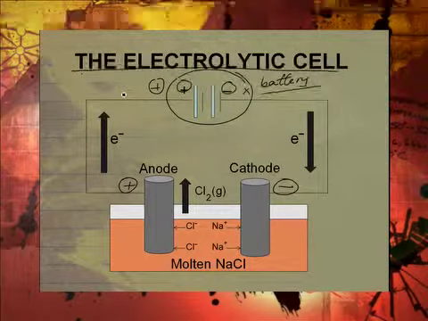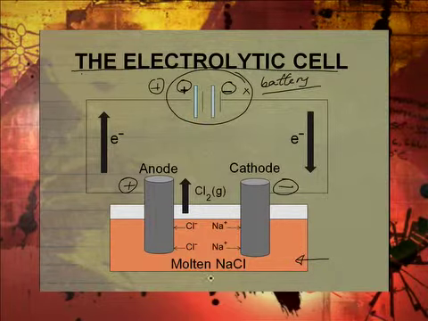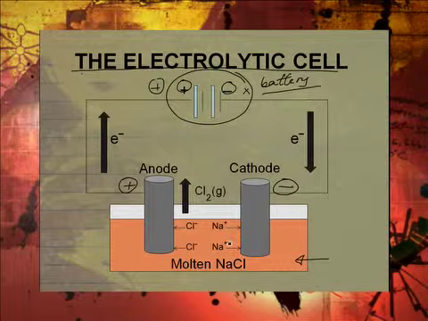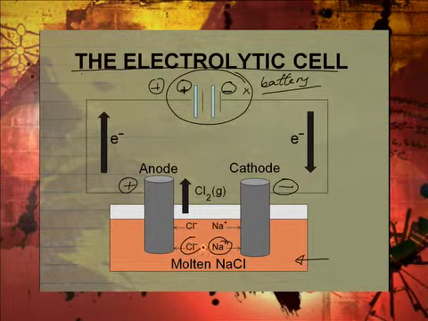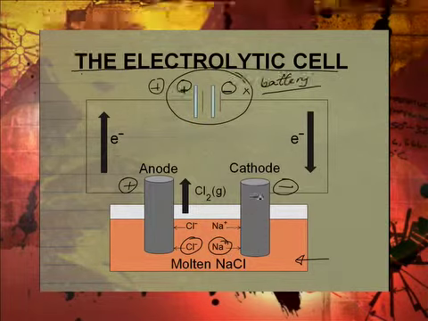Now let's check what happens in here. Inside here I've got a molten solution of sodium chloride. When it is molten, it means in this solution I've got sodium ions and chloride ions. The sodium ions are positively charged, so because they are positively charged, they will be attracted to the negatively charged electrode.